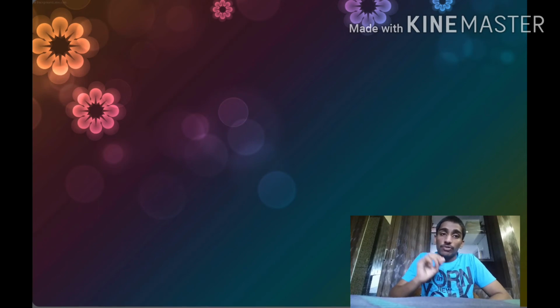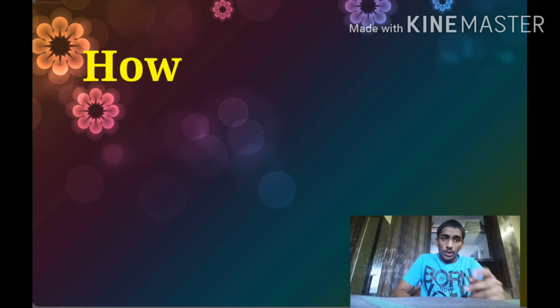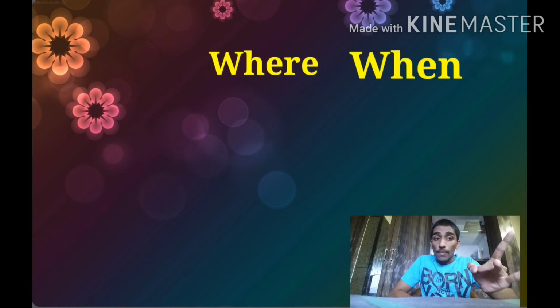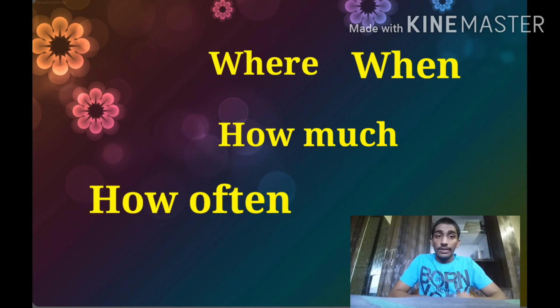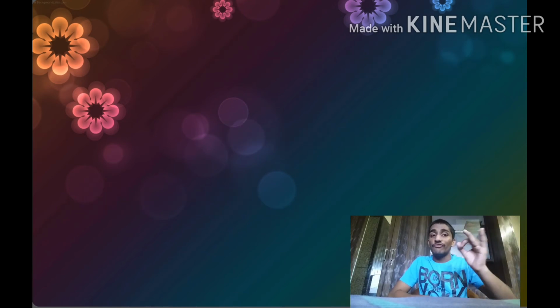Adverb has 5 rules. What are those? 5 basic demands are fulfilled in an adverb. Look at the screen: how, where, when, how much, and how often. Anywhere these 5 rules are applied, it is an adverb.